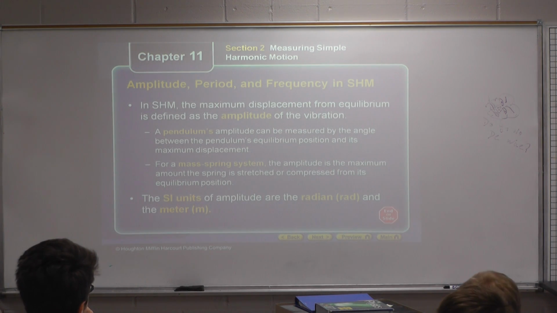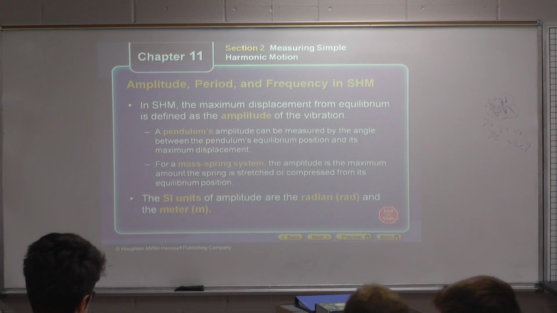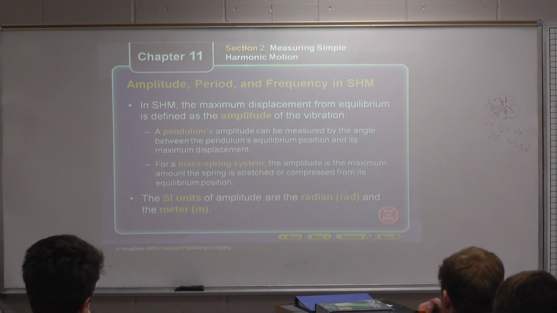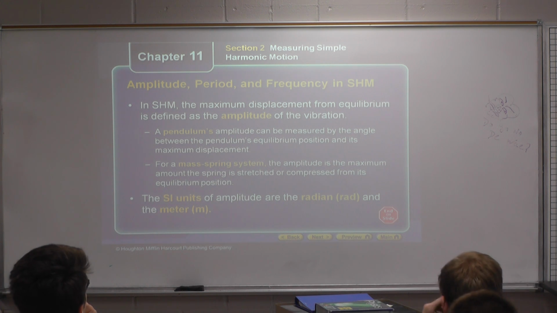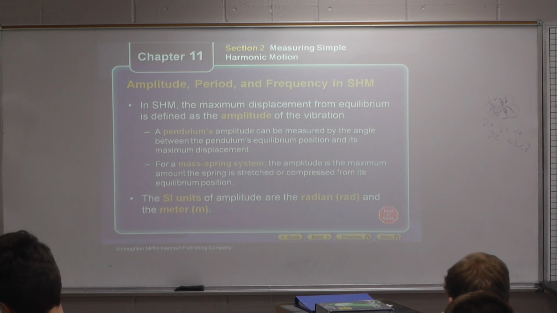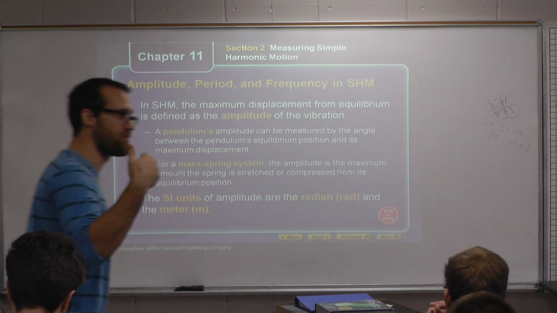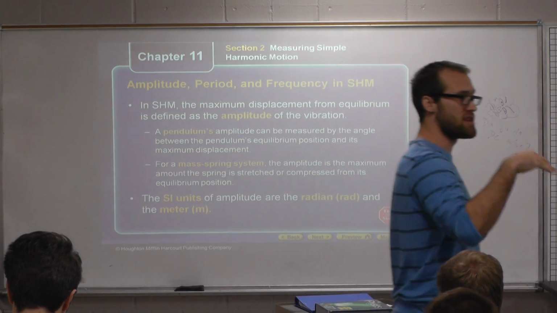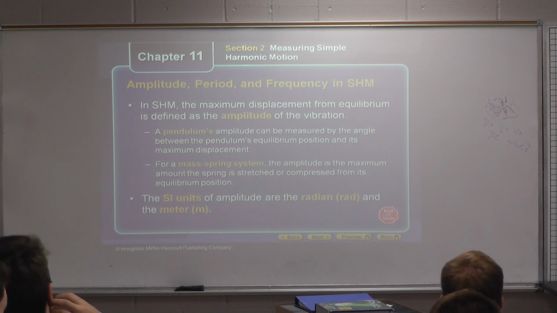We've really talked about two things in simple harmonic motion: a mass spring system and a simple pendulum. Believe it or not, they're a little bit different when trying to figure out your period and your frequency. Your SI unit for amplitude is the meter, and that should make sense because it's essentially the distance between your equilibrium position and your max displacement.